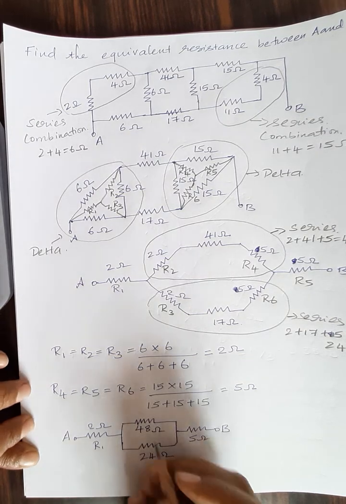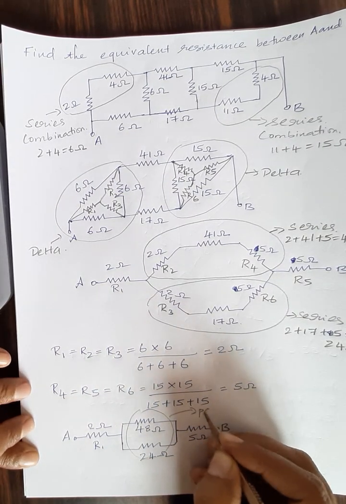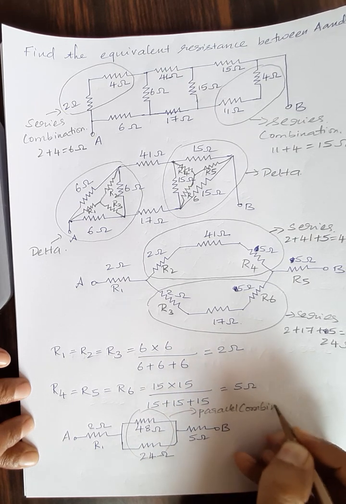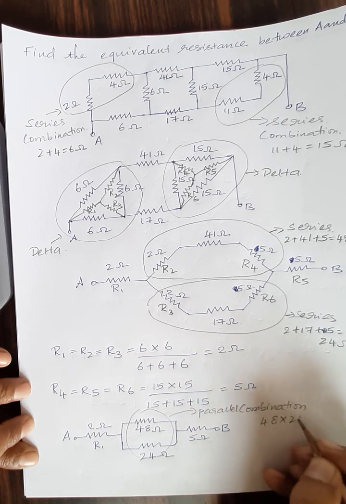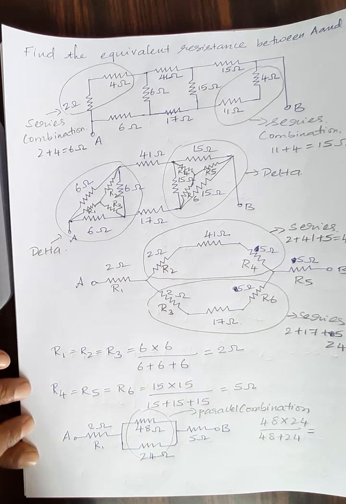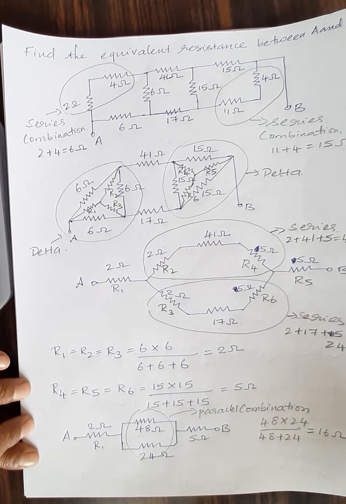Now you again observe the circuit. So these two will form a parallel combination. So 48 into 24 divided by 48 plus 24, you will get 16 ohms.